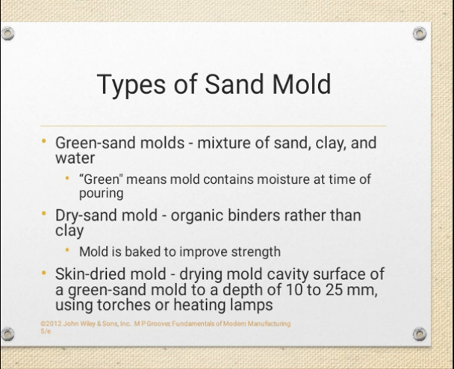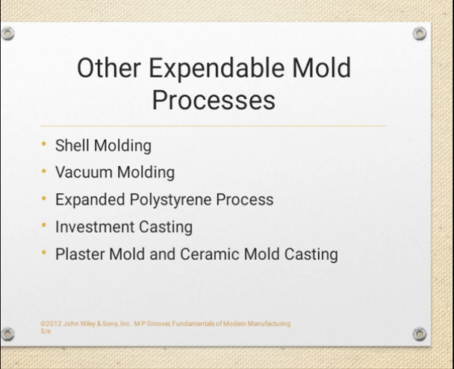Skin dried molds involve drying the mold cavity surface of a green sand mold to a depth of 10 to 25 mm using torches or heating lamps. Other expendable mold processes are shell molding, vacuum molding, expanded polystyrene process, investment casting, plaster molding and ceramic molding process.